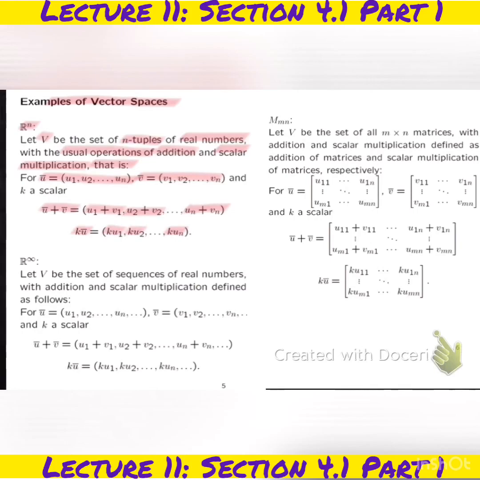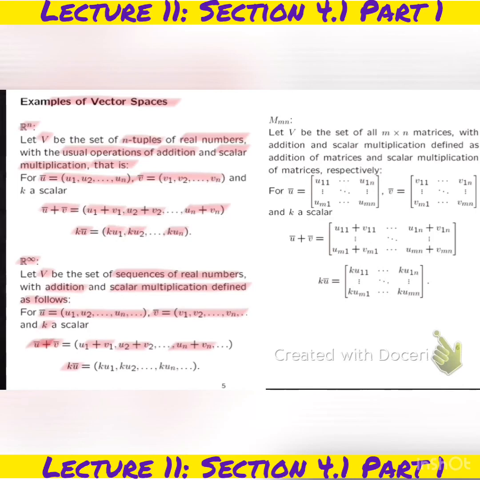Then you've got R infinity. R infinity is different from Rn in the sense that you still have sequences, but you've got infinite sequences of real numbers, where addition and scalar multiplication are defined as follows. How do you add two vectors? Again, you add them component-wise, but now we're going up until infinity.